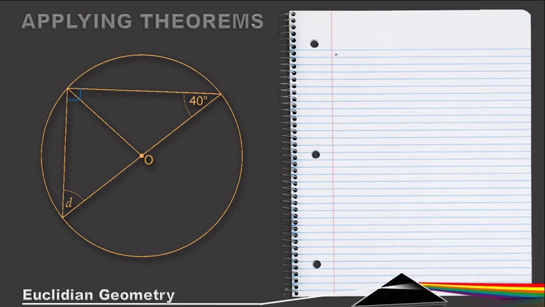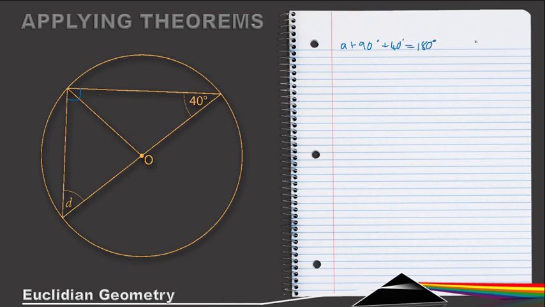So the first thing we're going to say is that this angle is equal to 90. So we can say that D plus 90 degrees plus 40 is equal to 180 degrees.